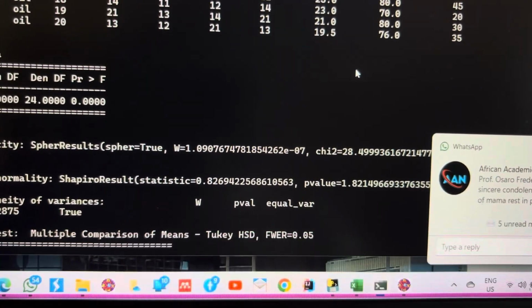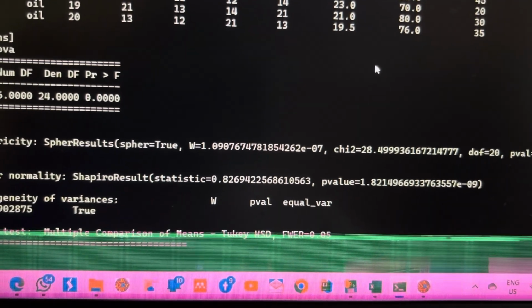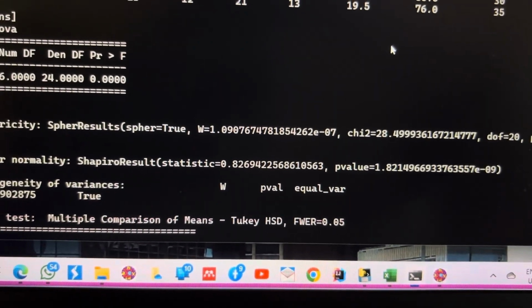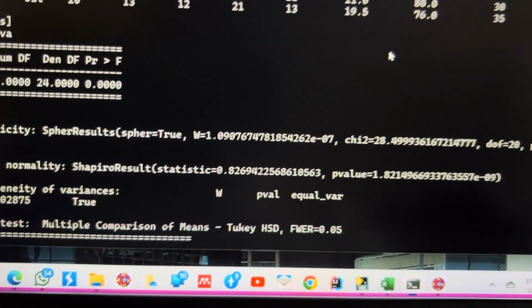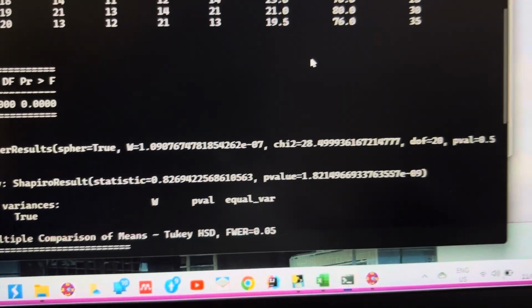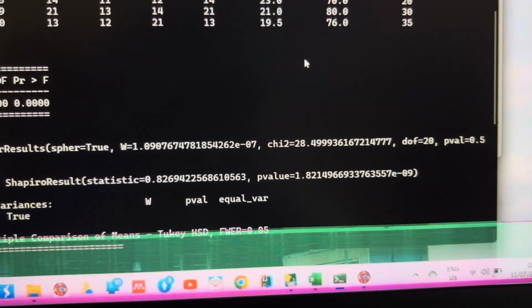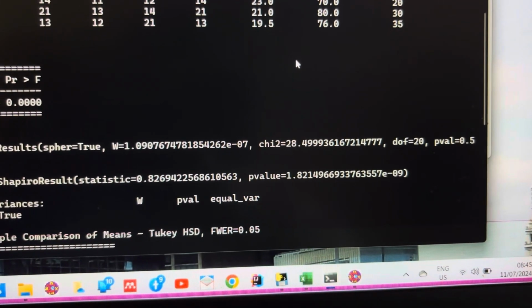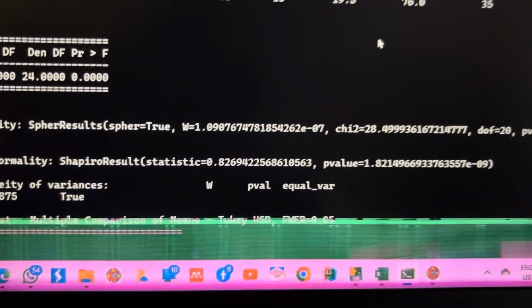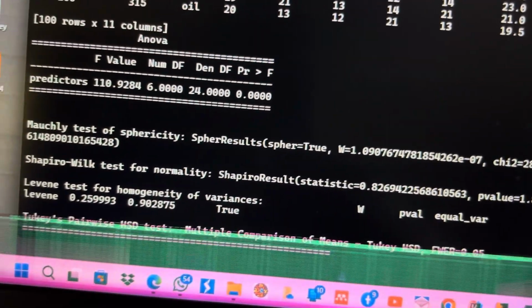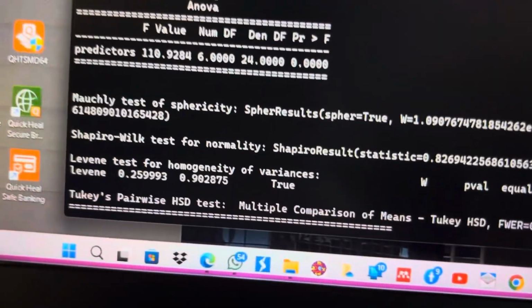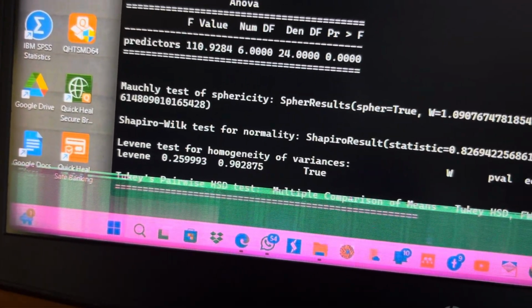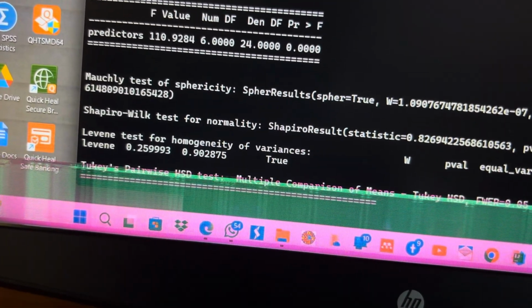Then you have W equals 1 point, then chi-square, and a degree of freedom of 20. Then the p-value is 0.5, which is not significant, showing that it is not violated.